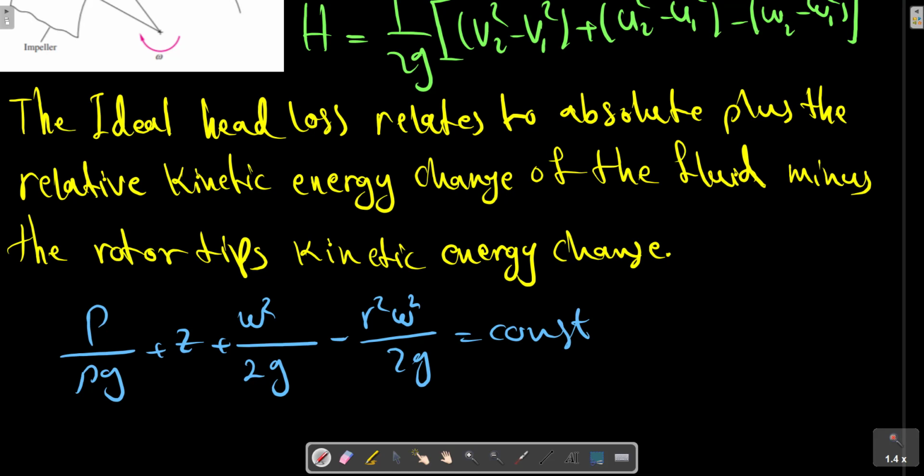This is the Bernoulli equation in rotating coordinates and applies to either two- or three-dimensional ideal incompressible flow.